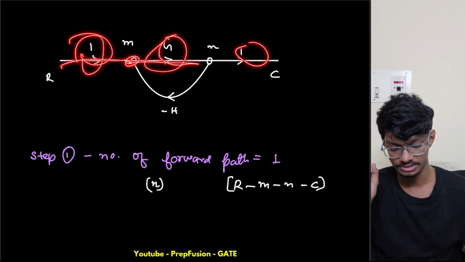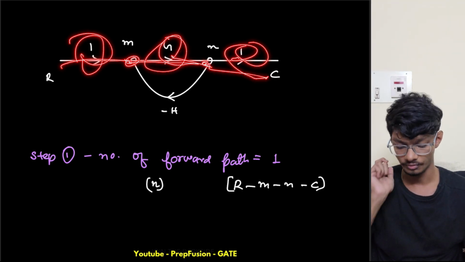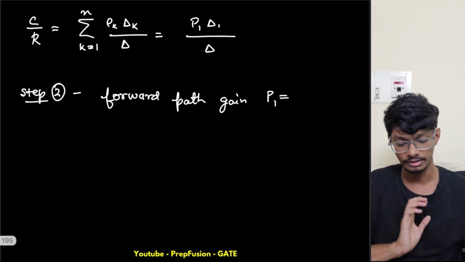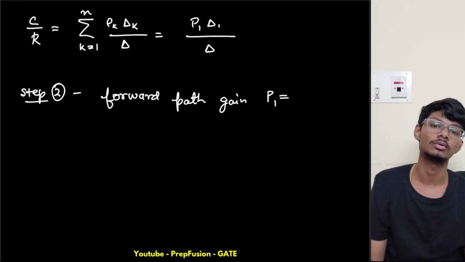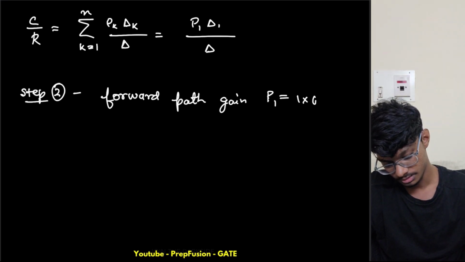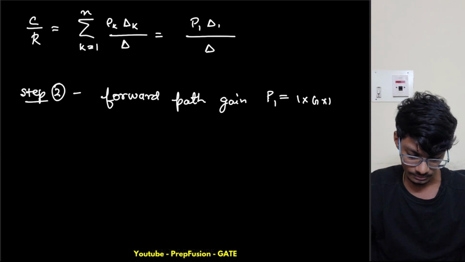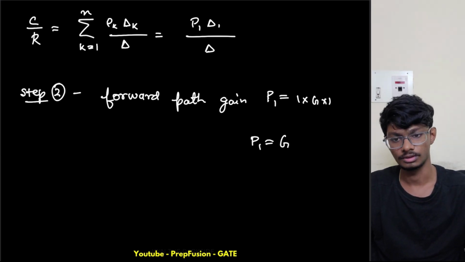Then from M to N I see G, so 1 times G. Then from N to C, what do I see? I see 1. So 1 times G times 1, that will be my forward path gain. So this P1 becomes G.